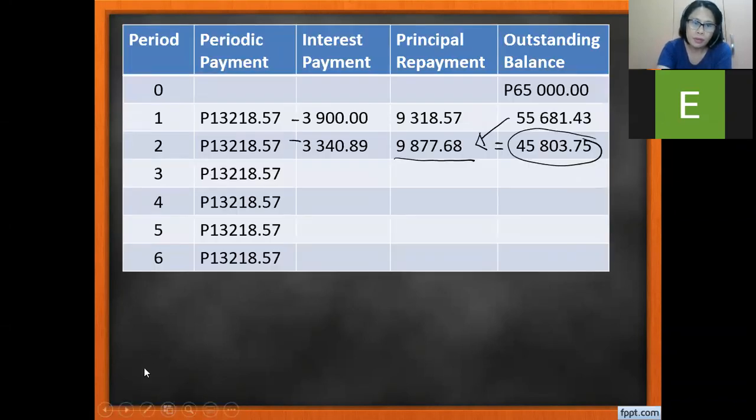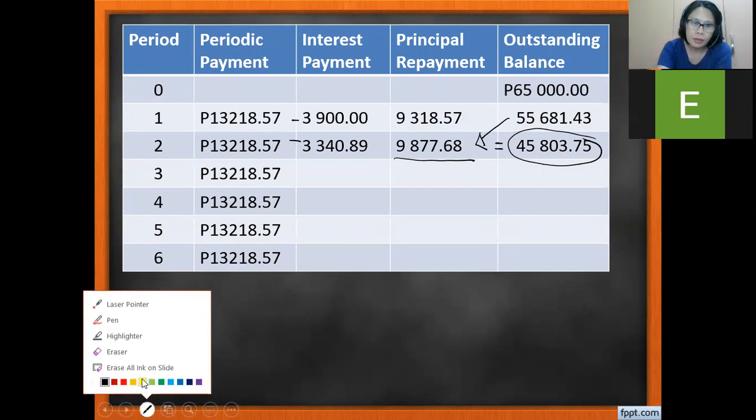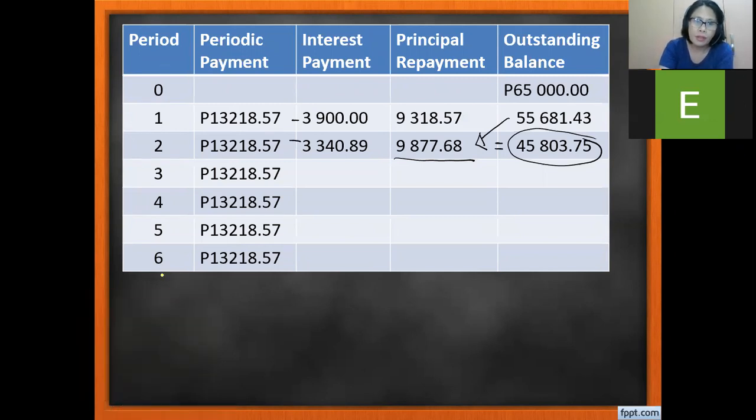For the third interest payment to the principal, this is 45,803.75 times 0.12 over 2. So in your calculator, your last entry was 45,803.7458.